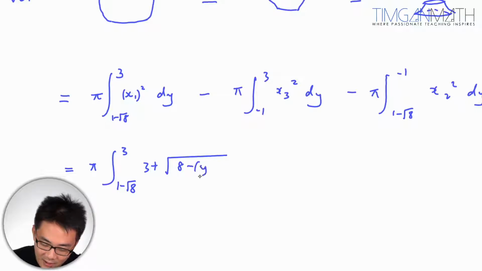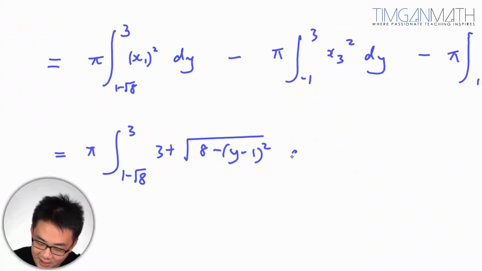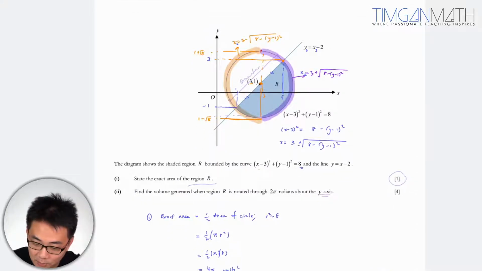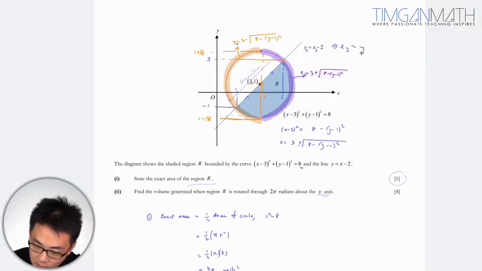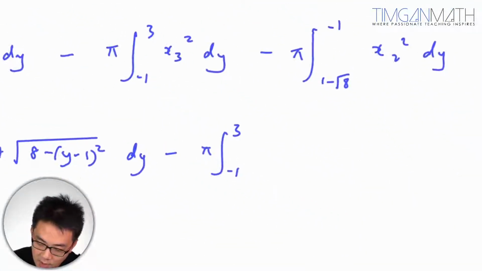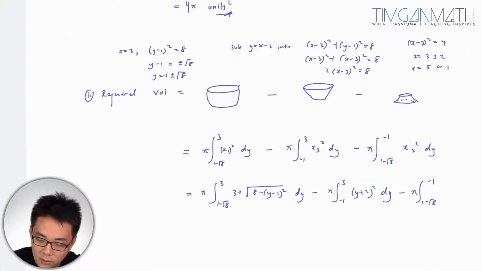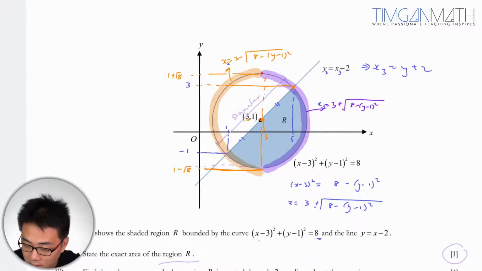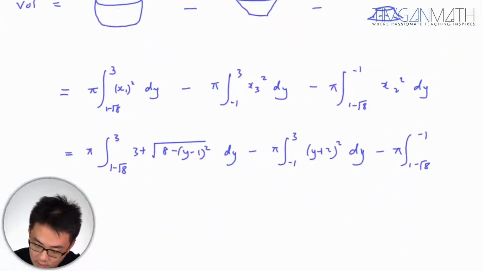Okay, so (y minus 1) squared, 8 minus (y minus 1) squared, dy, minus pi, from negative 1 to 3, x3 squared, where x3 is y plus 2, so this will be (y plus 2) squared, dy, minus pi, x2 squared. X2 squared is this one, so it's 3 minus root 8.